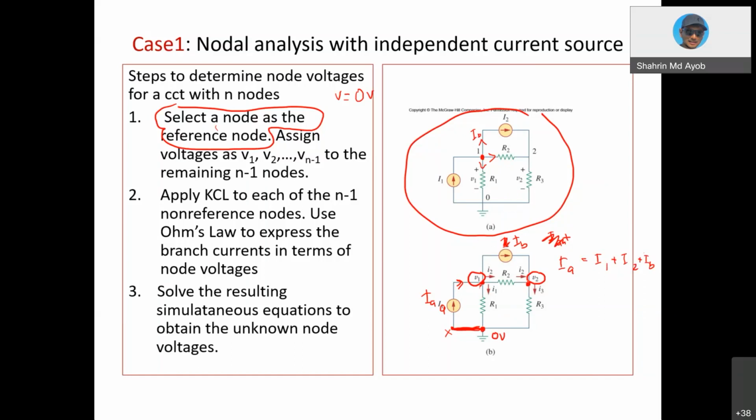And the same case goes for V2. So this one is KCL at node V1. KCL at node V2: you can see that you have two currents going into the node, so IB plus I2 is equal to I3.